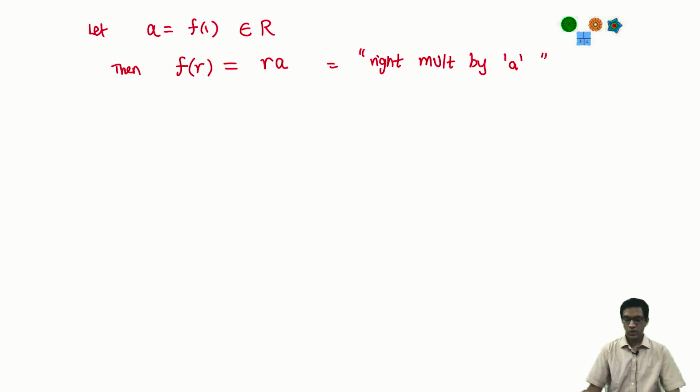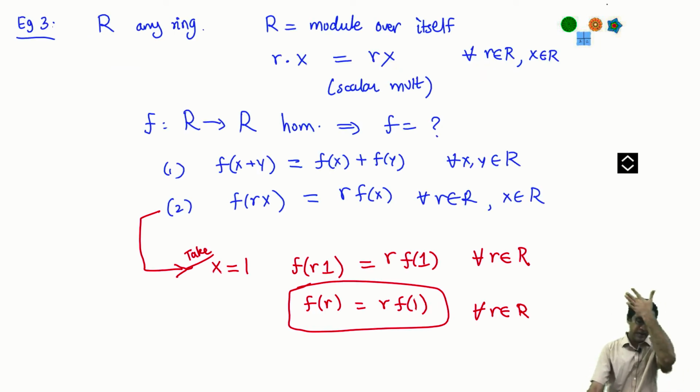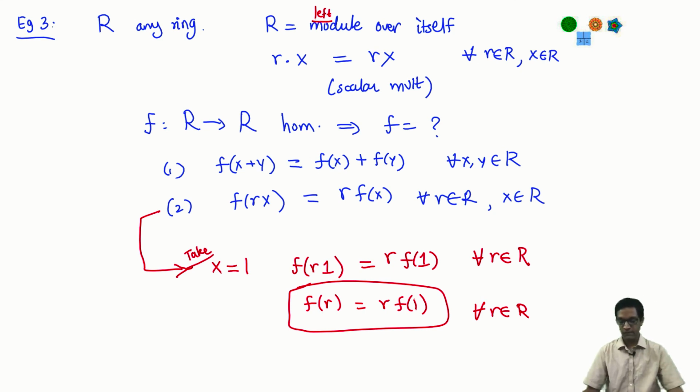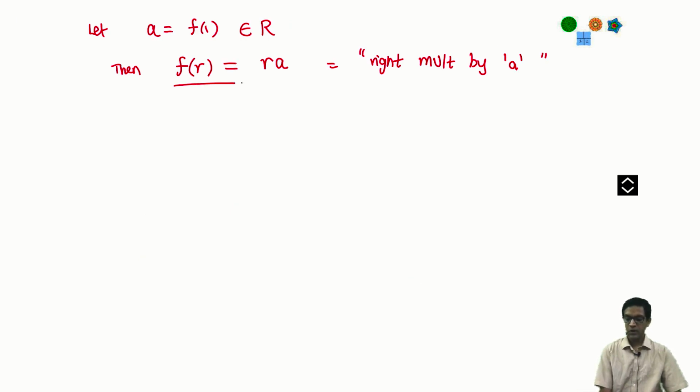So the beautiful thing here is that the homomorphisms from R to R, when you think of R as a left module over itself via the scalar multiplication, turn out to be right multiplication maps. Okay, it's all of this form where each element is multiplied on the right by some ring element.